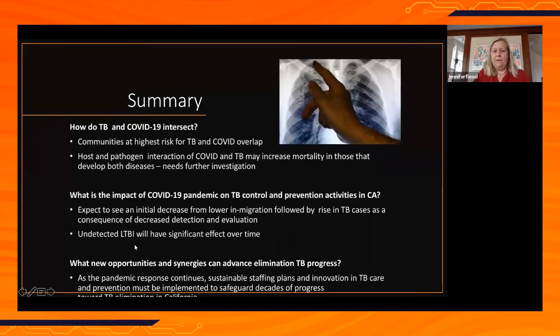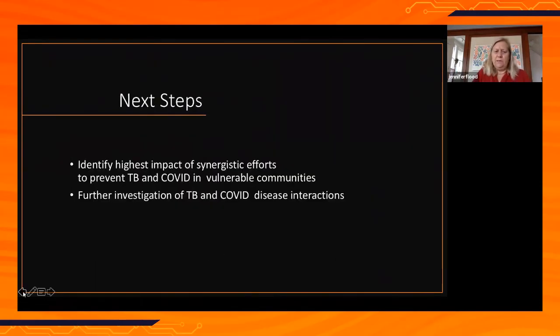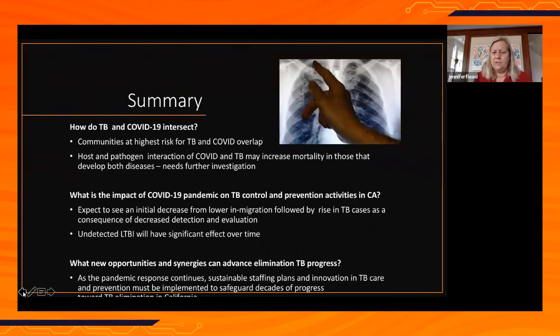We will also see the effect of undetected latent TB infection over time. So contacts who are not evaluated during the pandemic will go on to develop TB, and we'll see that in high-burden sites in all countries across the world. And then the new opportunities that we have before us, the synergies that can advance elimination and TB progress.